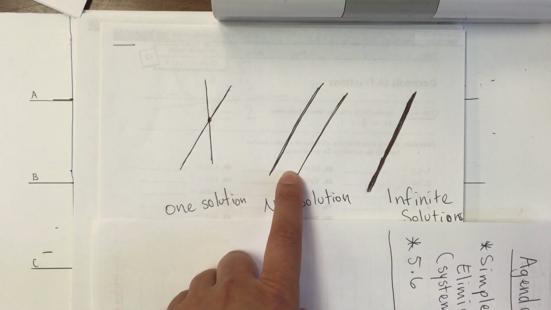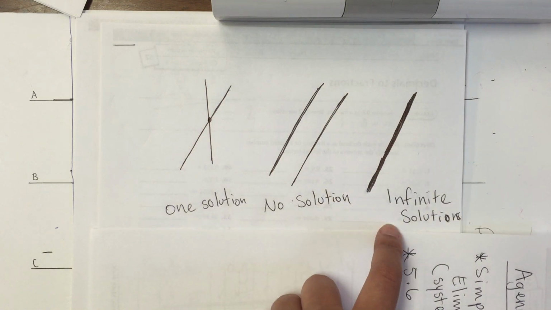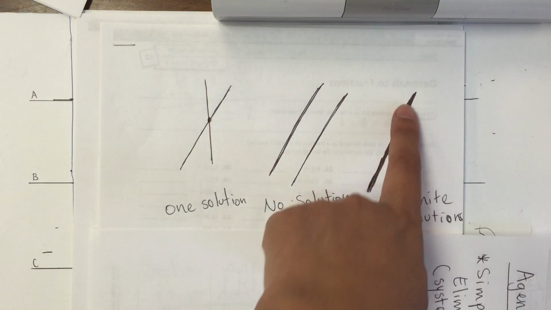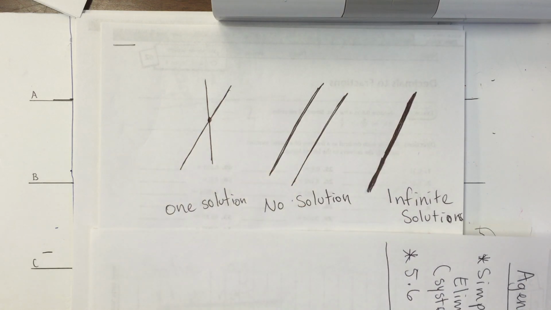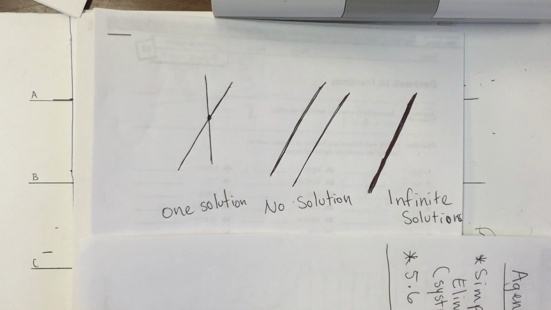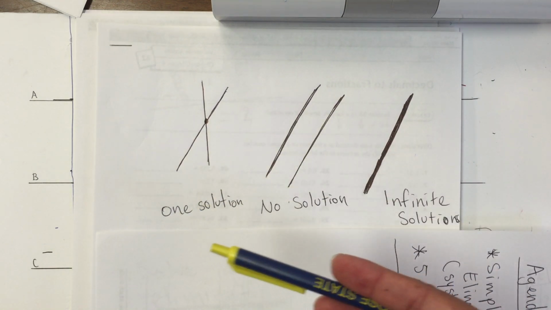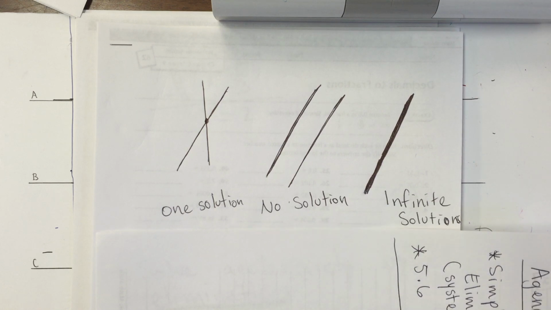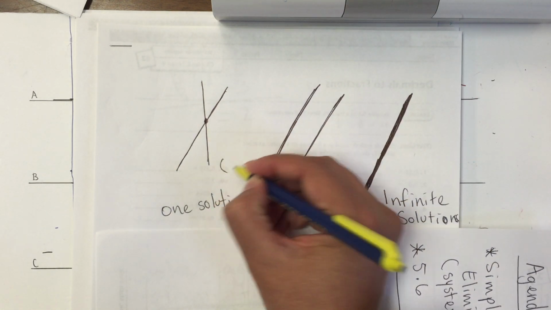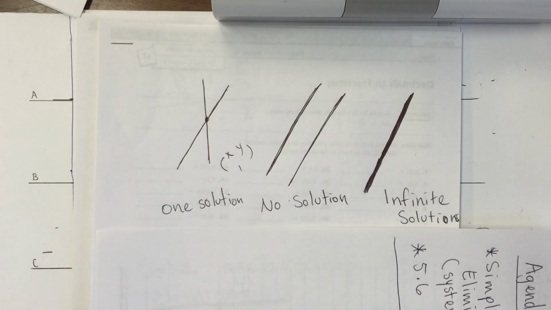If they don't meet, meaning they are parallel lines, that means no solution. Or if they have infinite solutions, meaning that they overlap, every single point is a solution for both of the equations. So instead of graphing, what you're going to be doing today is finding that coordinate, but algebraically.